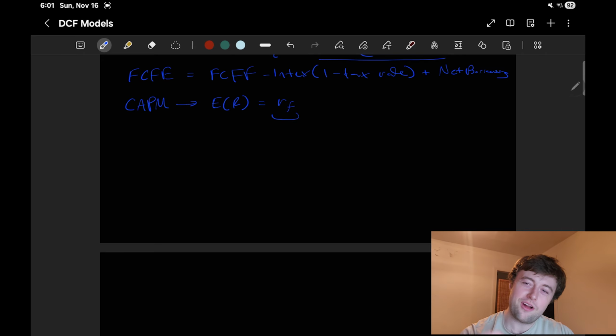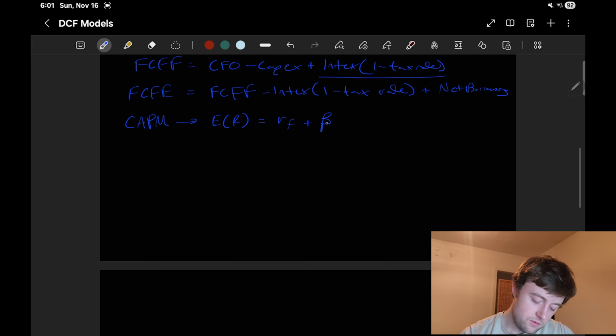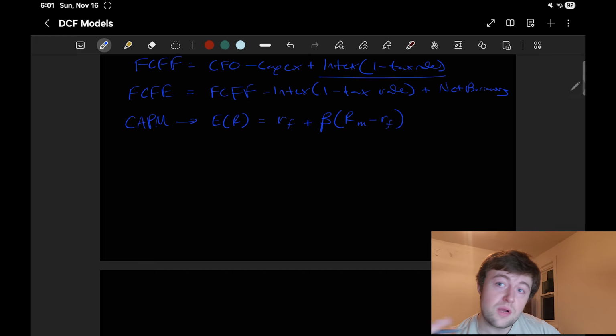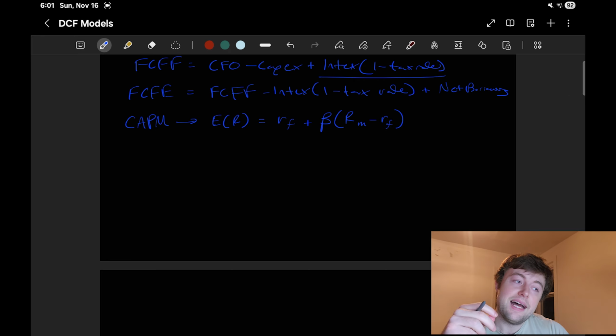So we're looking at the return on a risk-free investment. That's our risk-free rate. And we're going to add beta, and we'll talk about what this is, times our equity risk premium, where our equity risk premium equals the expected return on the market over our risk-free return. The market return is typically going to be proxied by something like the S&P 500's returns, though you do want to pick a suitable benchmark.